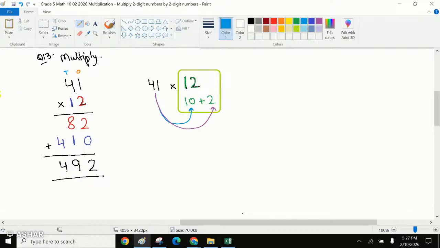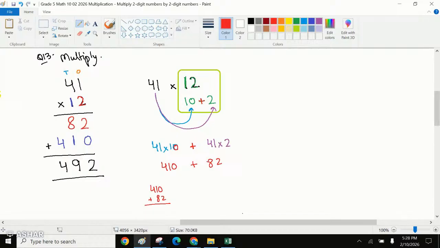Since I was adding them together, I add them over here. This is easy, right? Because this is a number ending with a 0. That means this becomes 410 plus 41. Well, 2 multiplied by 1 is 2. 2 multiplied by 4 was 8. So when we add 410 and 82, just showing you an alternate.